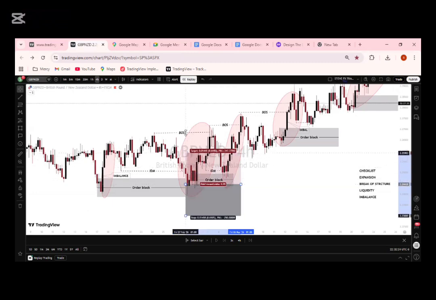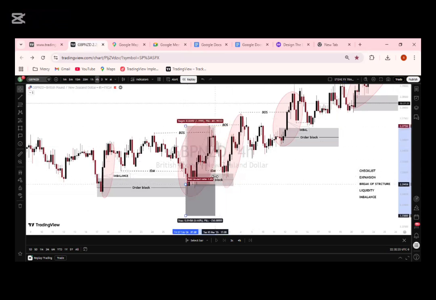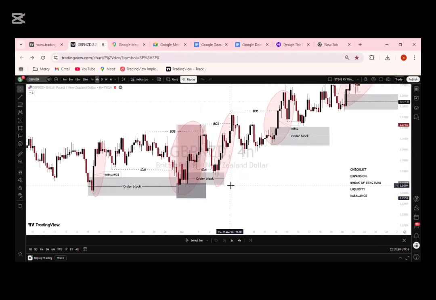We also have entry confirmations that you can apply, sometimes candlestick entries. So over here you see that we have almost a 1:4, a 1:3 risk to reward ratio. You enter from the order block, and you keep your stop loss below your order block. That is your entry strategy.